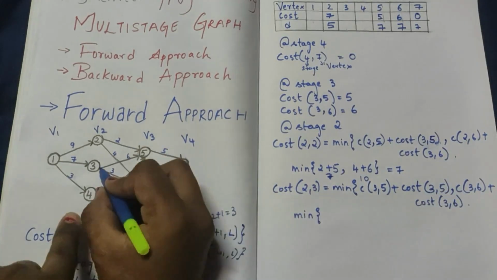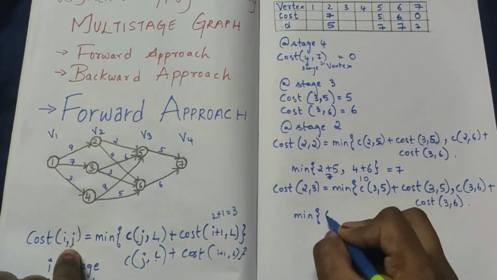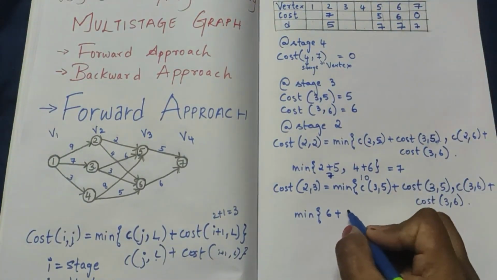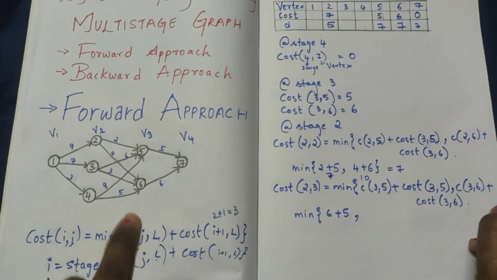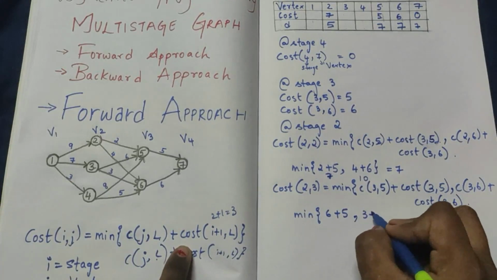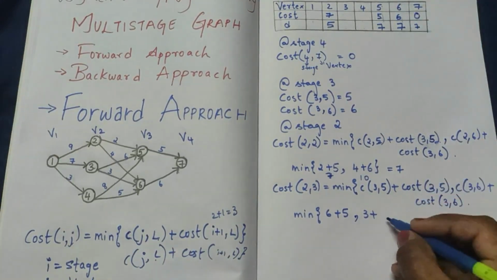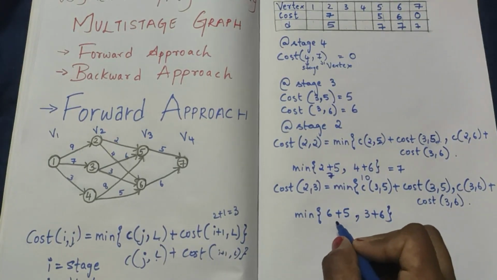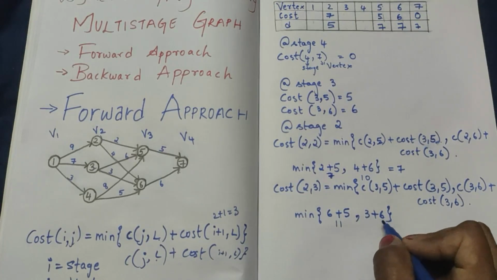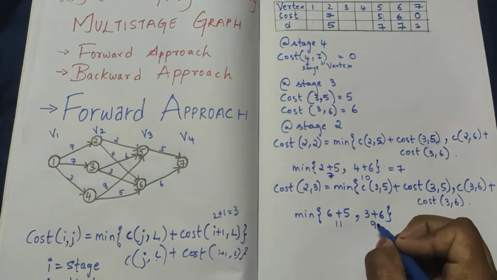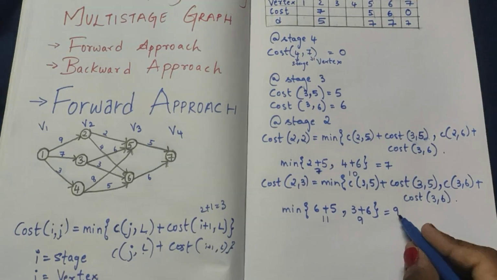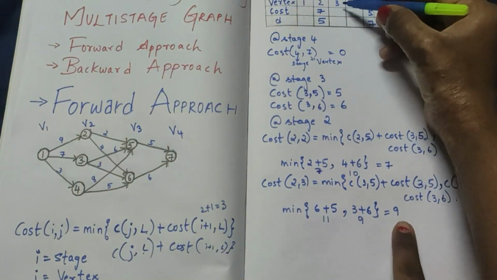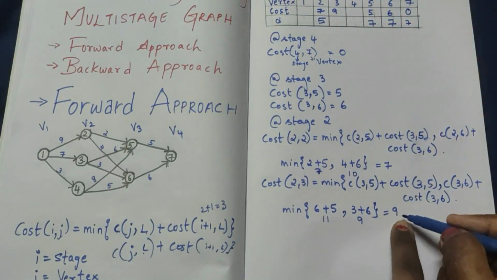So from 3 to 5 it's 6 plus 5, because from fifth vertex the cost is 5. Then 3 to 6 is 3, and from sixth vertex the cost is 6. So now you need to find out which is the minimum value. 6 plus 5 it's 11 and 3 plus 6 it's 9. So the minimum value from these is 9. So you got the minimum value from the second set. So for the vertex 3 the minimum cost is 9, for which distance 6.